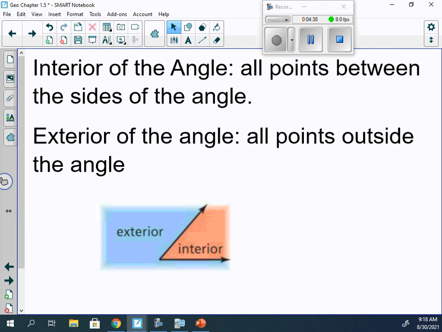And since they are 2 rays, we consider them to extend indefinitely if we just have an angle by itself. Any questions on this so far?